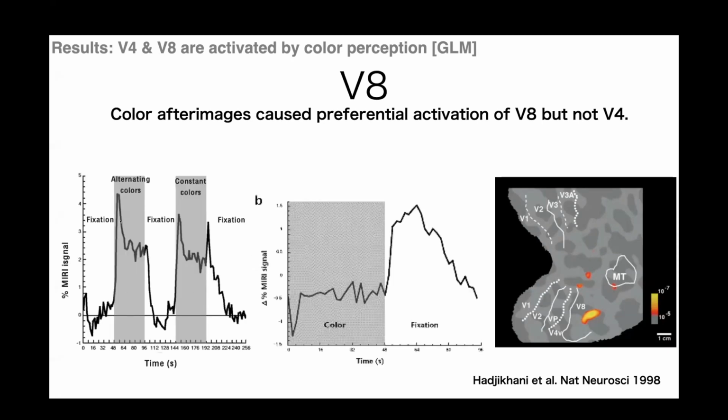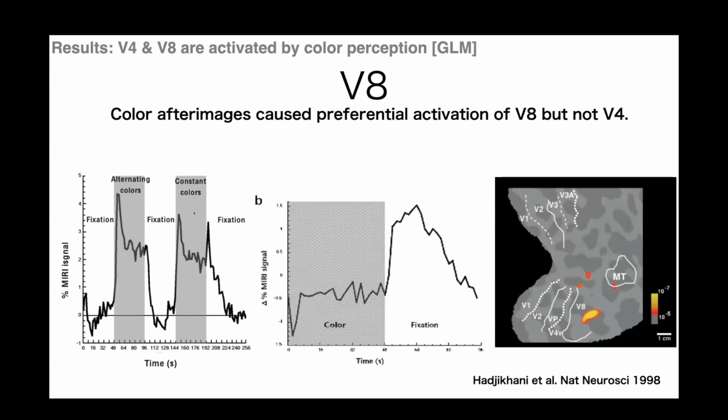And then these gray regions are the time period the colors are presented. And then these are fixation point. And if we alternate colors, we don't have after image color, but if we have constant color presented like I did, we feel colors after erasing those colors. And you see these bold signals here, activations are prolonged.